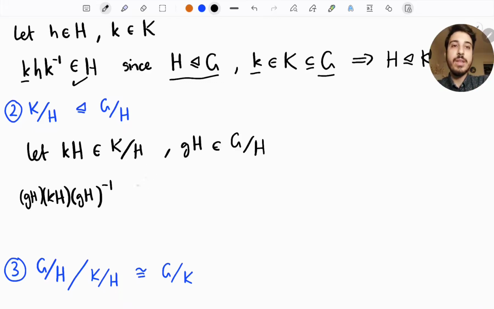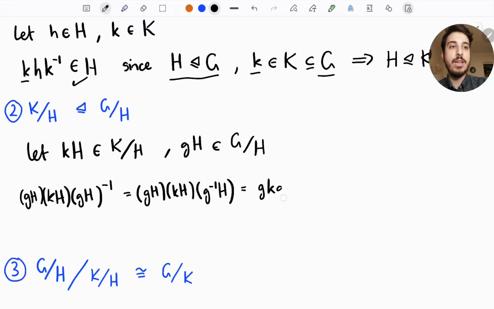So this is equal to gH kH g^-1 H, because the inverse of the coset is equal to the coset of the inverse element, and this, by coset multiplication, equals gkg^-1 H.